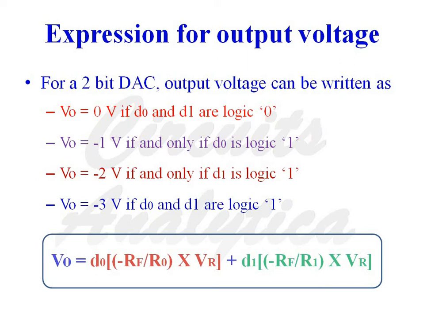So for a 2-bit DAC, we can write the expression for output voltage V0 as V0 is equal to D0 into minus RF by R0 into VR plus D1 into minus RF by R1 into VR.